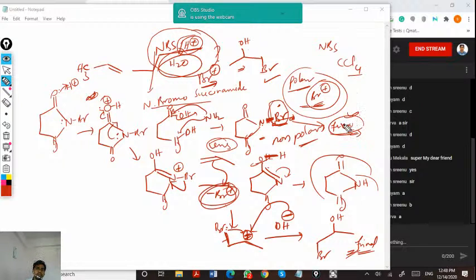There we will read how it gives free radical addition. But the reagent system is N-bromosuccinimide in non-polar solvent. If it is N-bromosuccinimide in polar solvent, it will release bromonium ion. So write those points also. In polar, it's going to give bromonium ion. In non-polar, it's going to give radicals.